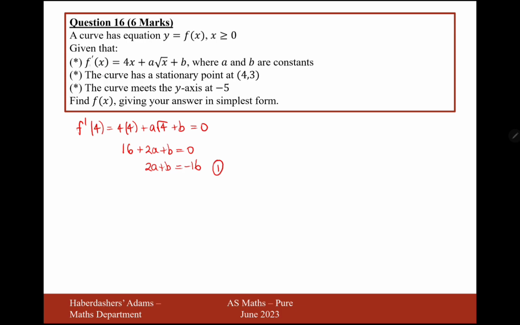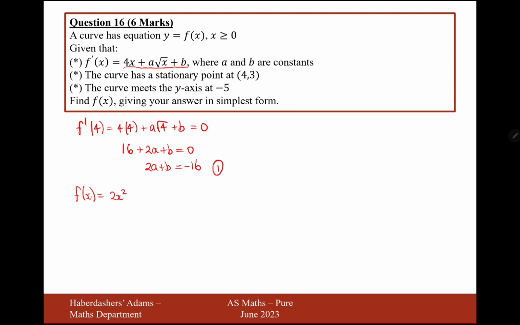Let's now go back to the first bullet point. That's the differential, so I need to integrate it to get back to the original function. So f of x is going to equal the integral of this expression here. So 4x becomes 2x squared. You increase the power by 1, divide by the new power.